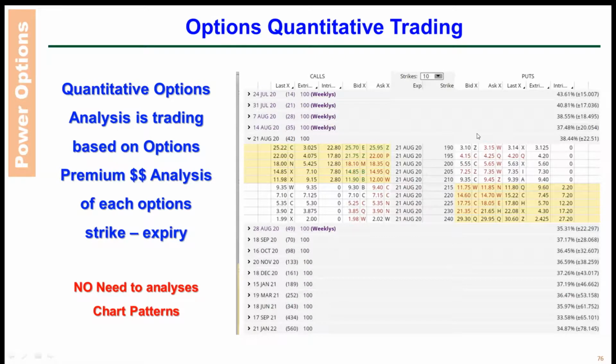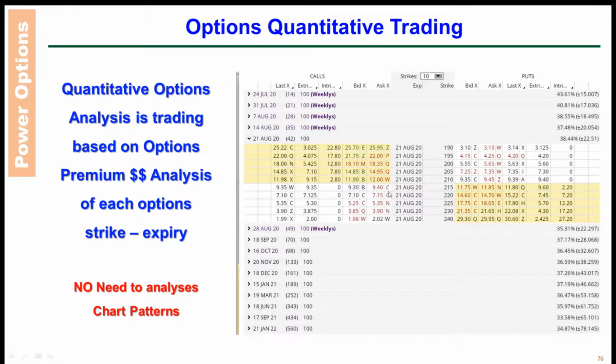So these are reflective of positioning. We can tell you point blank what the bid price and ask price are. 9.30 is the bid, the highest buying price.